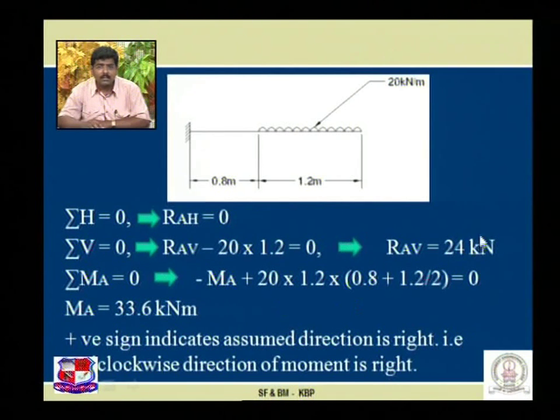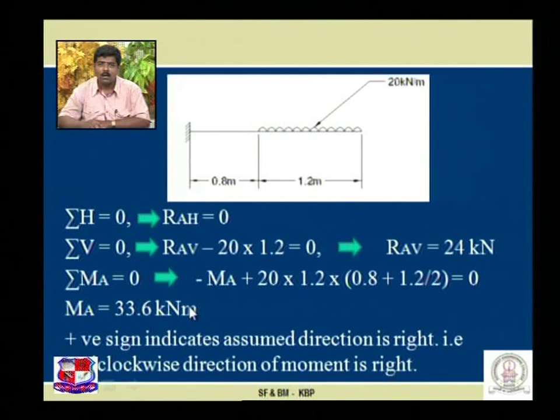By simplifying this equation we get MA is equal to 33.6 kilonewton meter. That is the moment acting over here. Positive sign indicates that our assumed direction of MA, anticlockwise at A, is right.